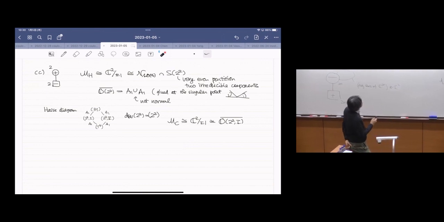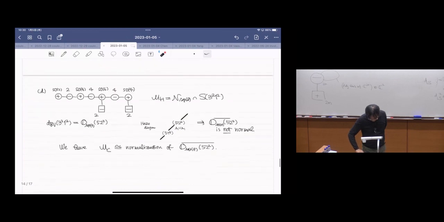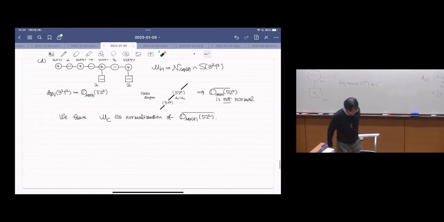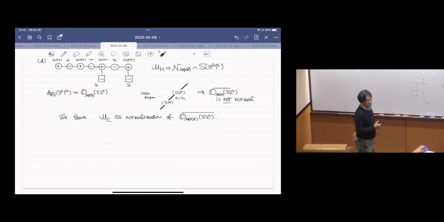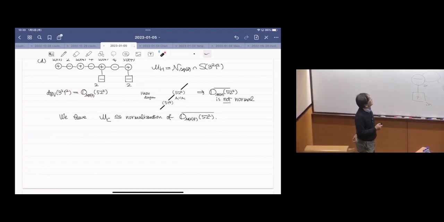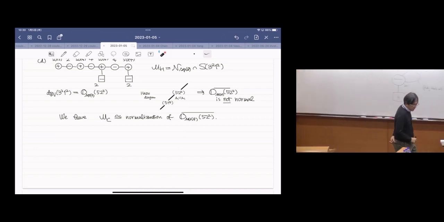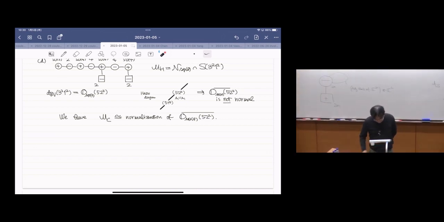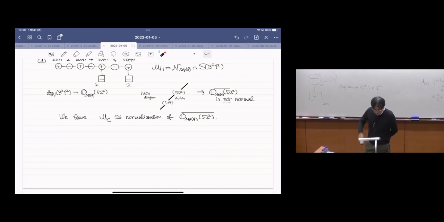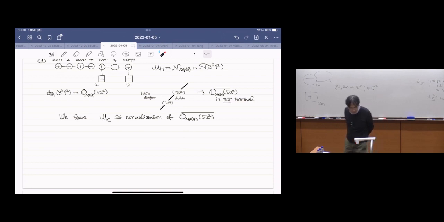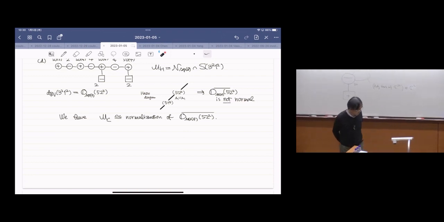So the Coulomb branch miraculously picks up one component, and in this particular example, you can show that the Coulomb branch is not the orbit closure, but its normalization instead. So this is, I think, the general phenomenon. In general, it could be a cover of the nilpotent orbit, but we always get the normalization of a cover of the orbit.